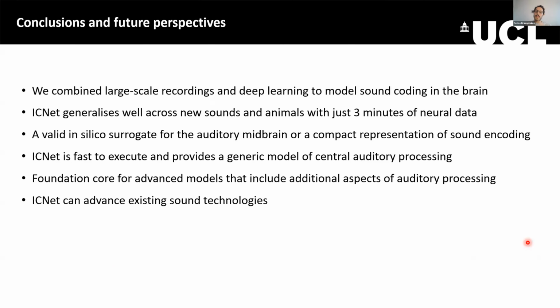What I'll try to say, and we can just jump into the conversation, is that I tried to show here how we can use large-scale electrophysiology with deep learning to engineer better models of the auditory brain.